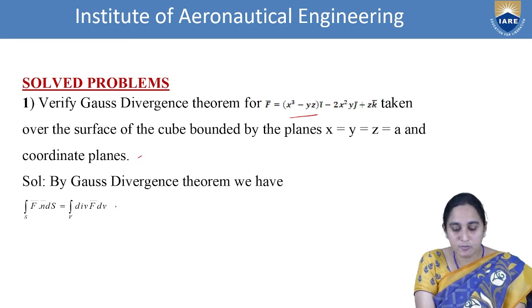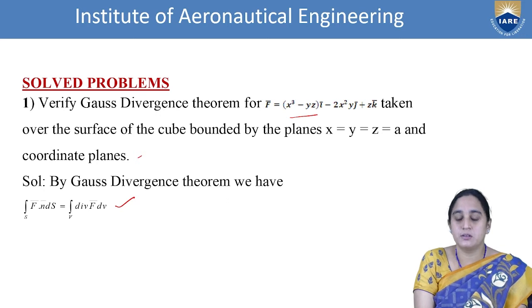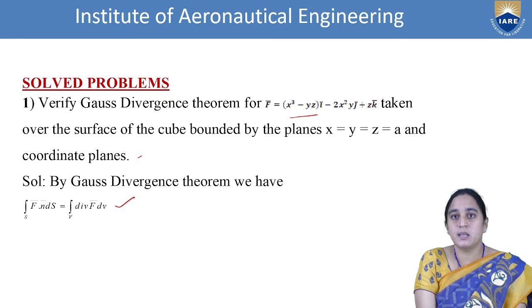This is the formula for the Gauss Divergence Theorem. Now I have to verify the LHS part and the RHS part from the given conditions in the question. If, on applying the conditions, both LHS and RHS are equal, then the Gauss Divergence Theorem is verified.